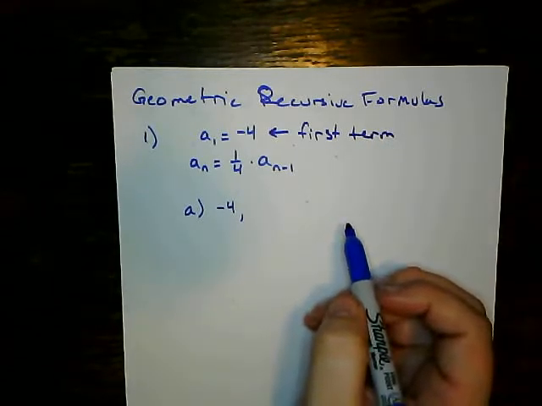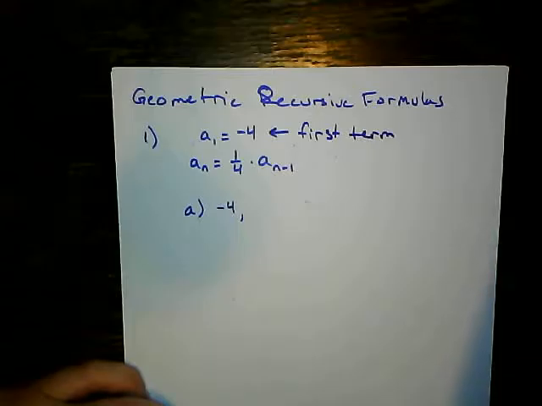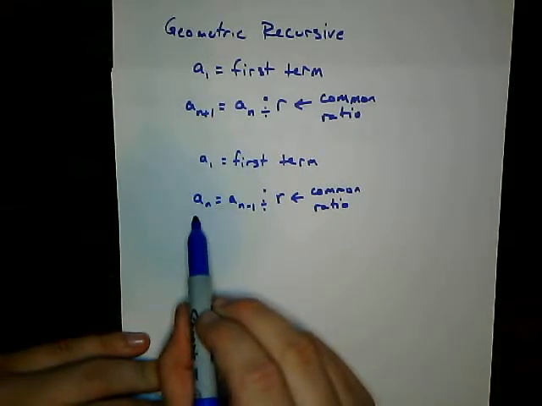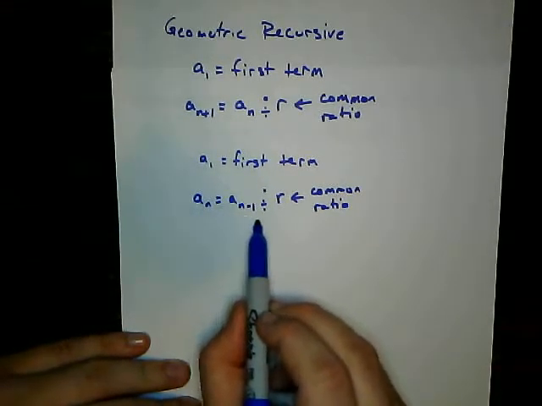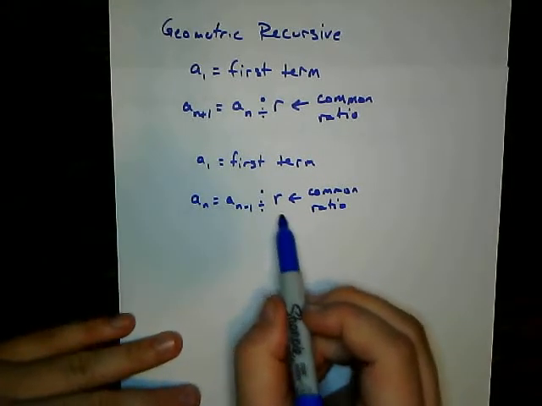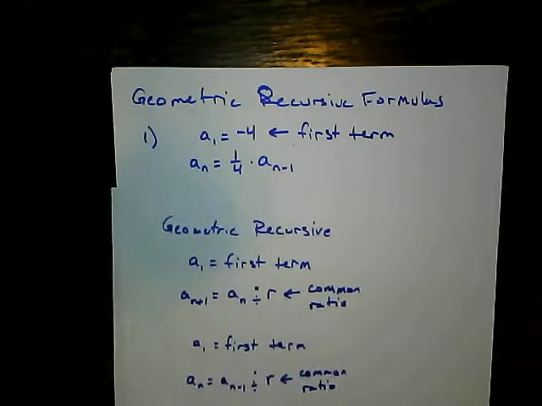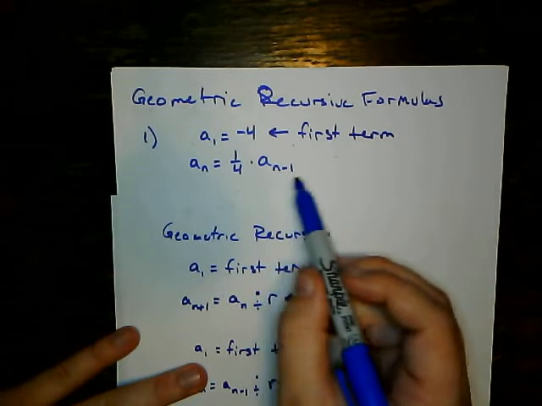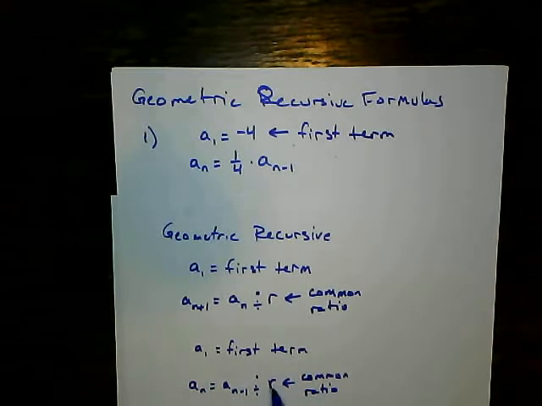Our pattern, let's go ahead and pull out our geometric recursive formula sheet. So we said that we've got an equals an minus 1 times r, our common ratio. Now in this case, the order's changed up a little bit. We have 1/4 times an minus 1 rather than an minus 1 times our common ratio.